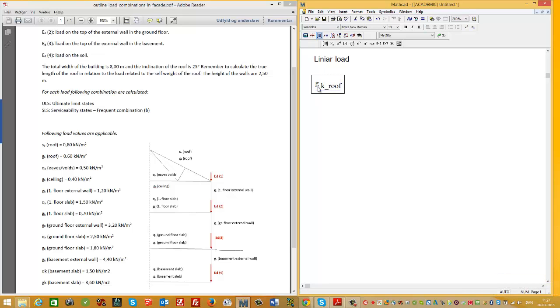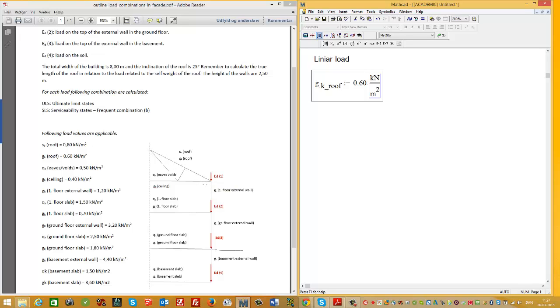The GK roof. And I know the self weight of the roof, it is stated here as 0.60 kilonewton per square meter. And I need to find the linear load, then I need to find the diagonal length.